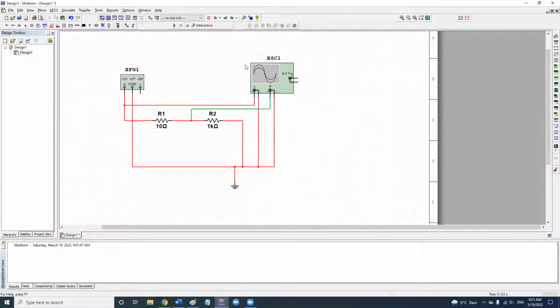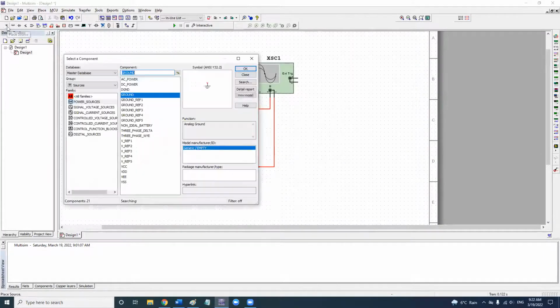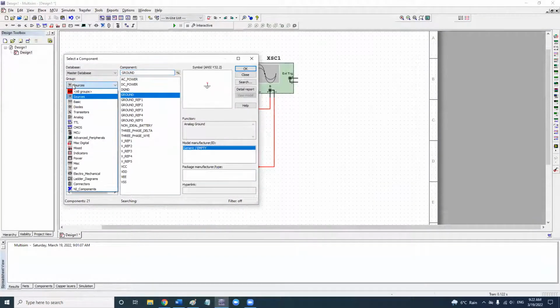I'm assuming that. Okay, now let's go to the next part, where we have the RC circuit, where you're going to measure the phase difference. To measure the phase, we need either capacitors or inductors.